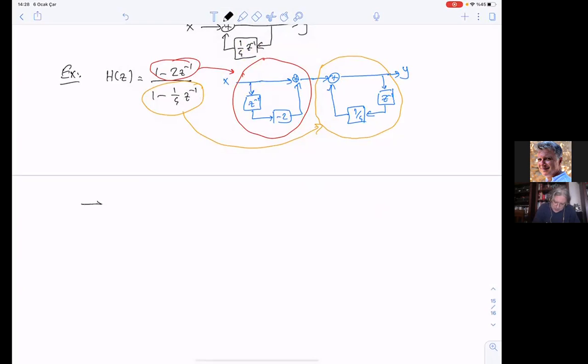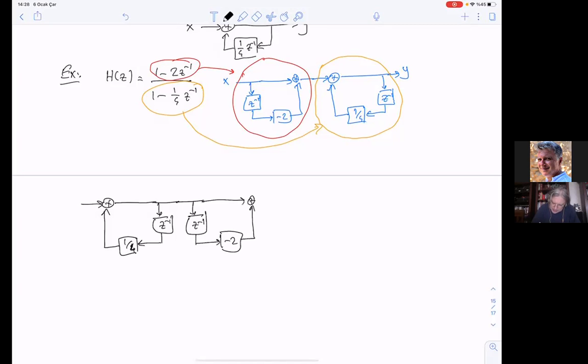So we first make the feedback. We are using the linear and time invariant property of these systems. Sorry, this is 1 over 4 of these systems. So I first do the second part, and then do the first part like this. And clearly I can now share this delay element and make it just one delay element.